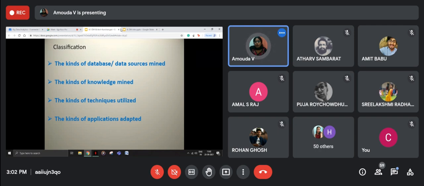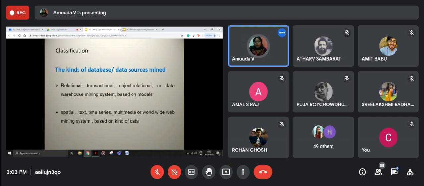Knowledge in the sense of which one, classification or association, you want, and which kind of techniques you have to utilize, and what kind of application you want to adopt. These 4 steps are very important to classify. You need to have that data, which database, which knowledge, what technique, and what application. That's what is given one by one.